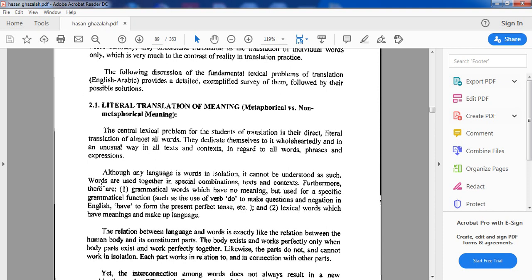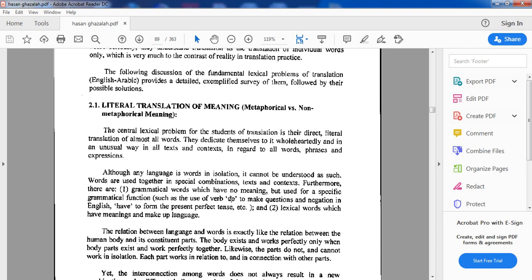So there are, within languages, grammatical words which have no meanings but are used for specific grammatical functions. Yes, we have verb to be, verb to do, verb to have. They are operators. They are just directing the sentences. They don't have meanings in themselves.